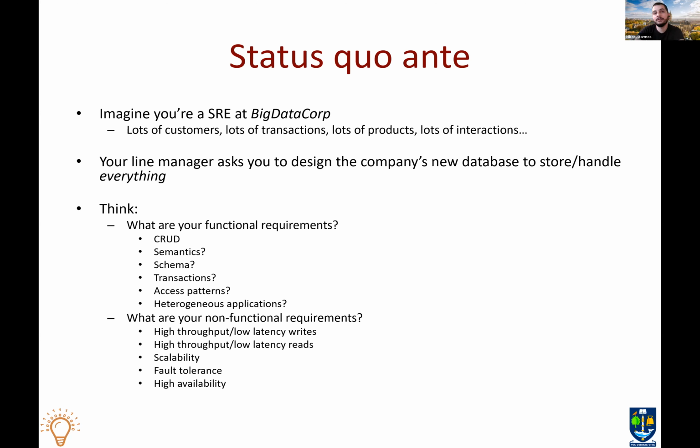Fault tolerance, we've said in the past that every single data center will at any point in time have at least one fault. So we should be able to work around that. And we want it to be highly available. Okay. And this is highly available in the face of network partitions.